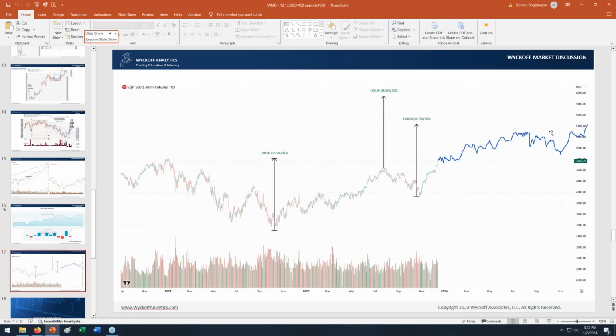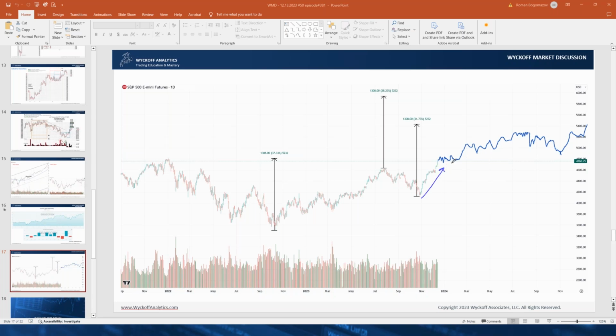And here's the pathway that I drew for myself and for our WMD students for this year. I do not know whether it's going to play out this way or not. It's just kind of like a drawing, taking seasonality and election and the bullish bias into account.